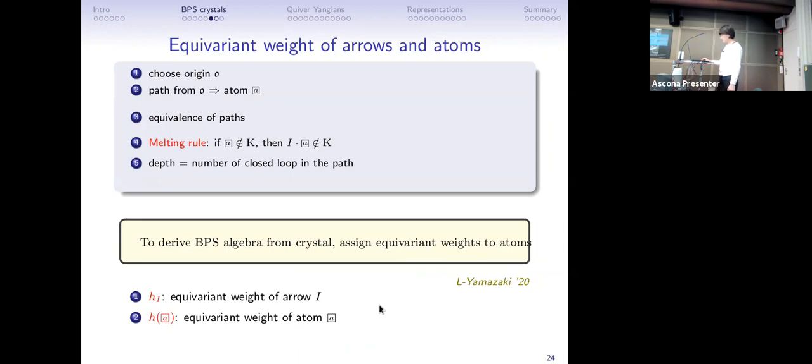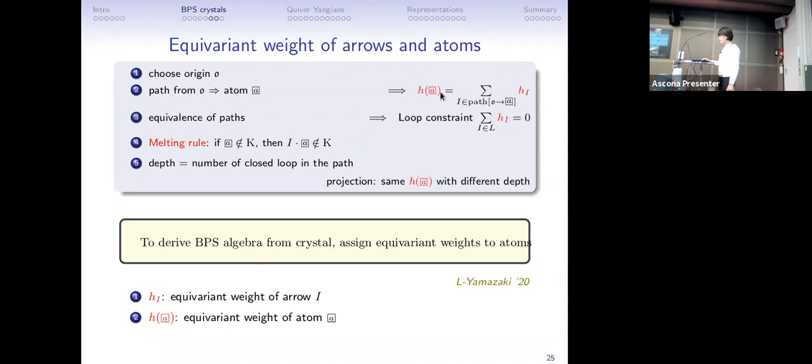Because each atom corresponds to a path, the natural definition is that the weight of each atom is just the sum of all the weights along this path. And then you see this equivalence of paths. For this definition to be meaningful, we need a constraint on the weights: along each closed loop, the sum of the weights of these arrows has to be 0.